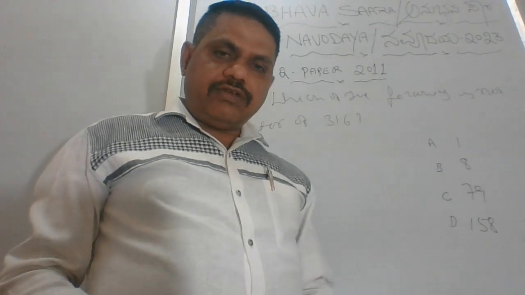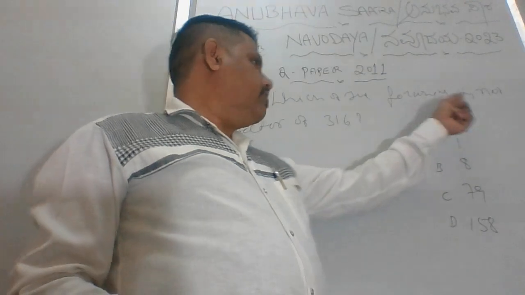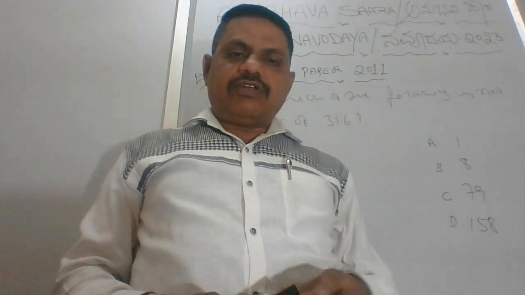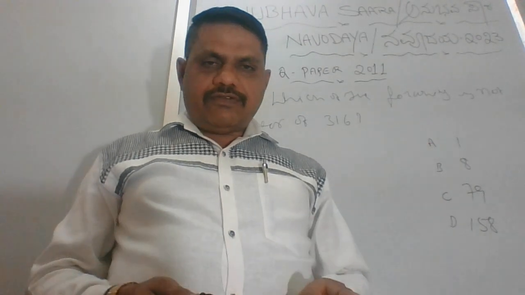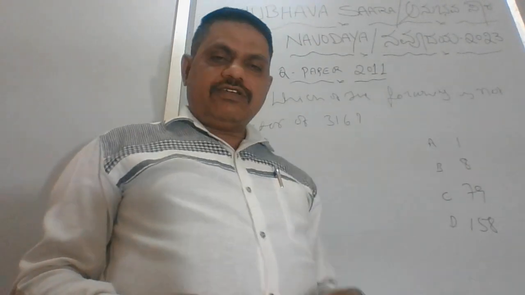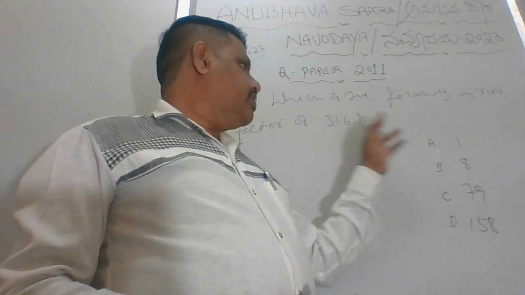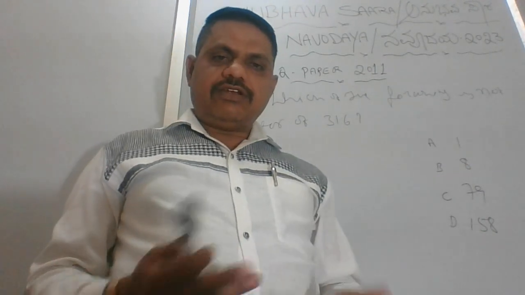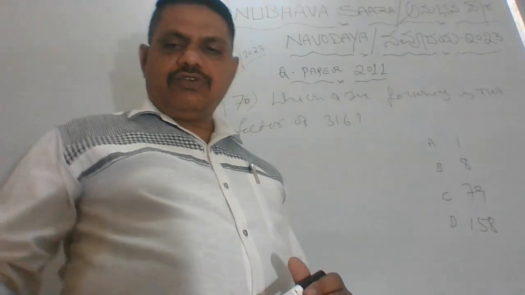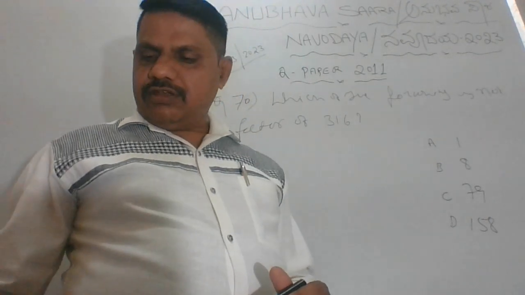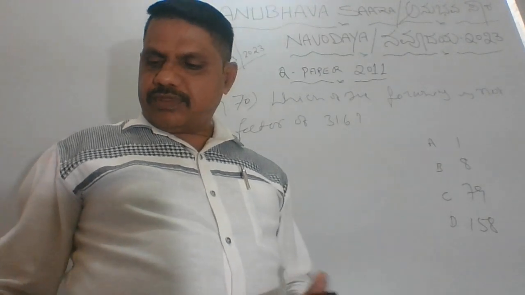Whichever does not divide it is not a factor of 316. That's what we have to find out now. They are asking which is not a factor. 1 is a factor because 316 can be divided by 1. So you cannot say that is not possible.